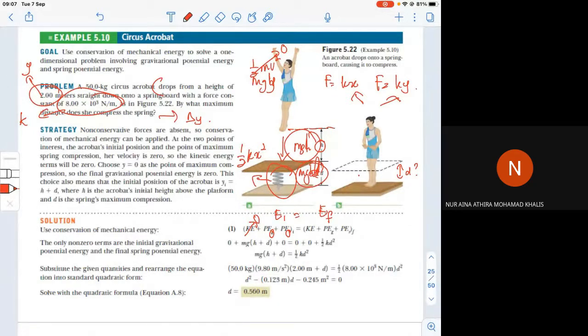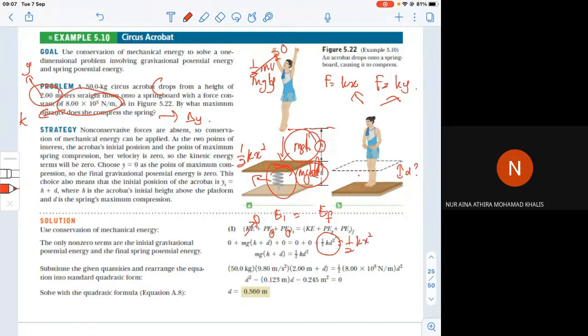Of course, so write down kinetic energy 0 and potential energy of the girl becomes 0 when it reaches this board. But this board right now, at the final point, will have half kx squared.